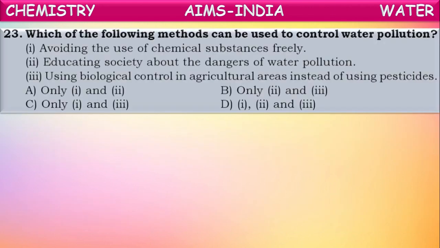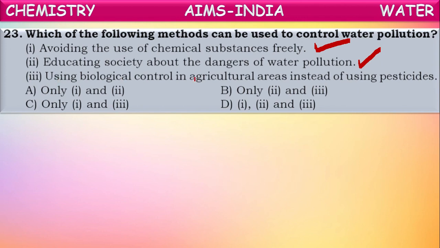Next question. Which of the following methods can be used to control water pollution? How can we control water pollution? See here, avoiding the free use of chemical substances. Yes, if you reduce the usage of chemical substances, we can reduce water pollution. It's correct. Next, educating society about the dangers of water pollution. Yes, it is also correct. If you educate people, they will try to reduce the pollution.